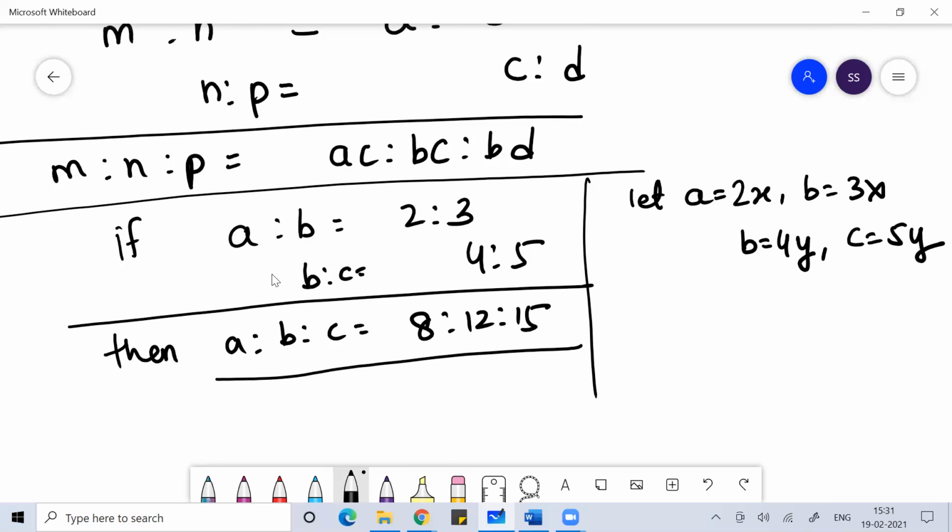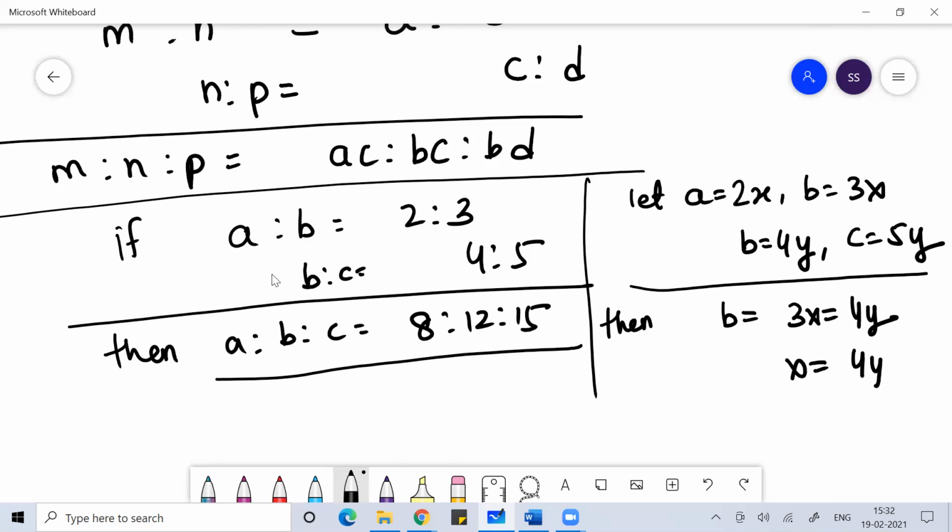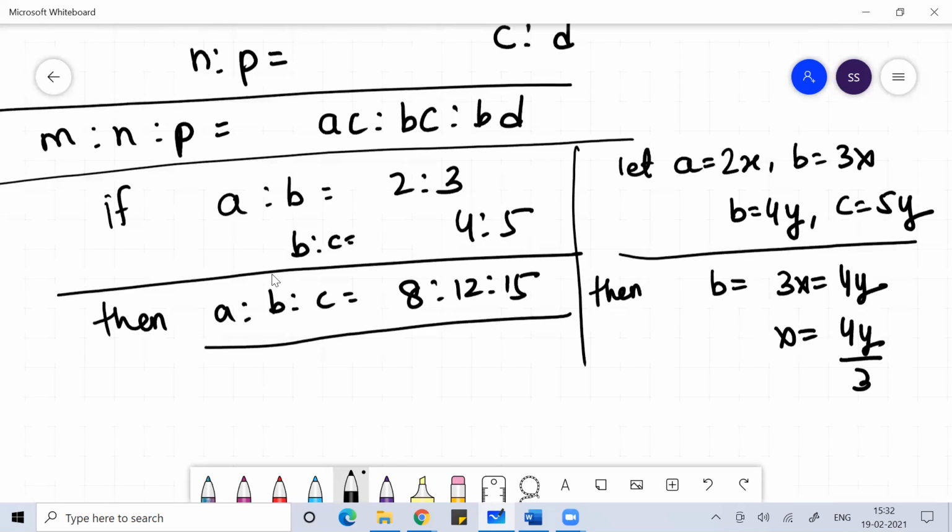Here B is the same in both cases. You can write B is 3x and also 4y. So I can say x is equal to 4y by 3.